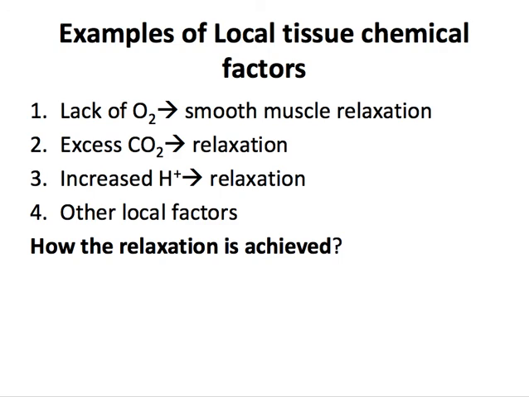Actually, these factors cause the hyperpolarization inside the muscle cells. And other local factors which affect smooth muscles are adenosine, lactic acid, increased potassium ions or diminished calcium ions, even increased body temperature and decreased blood pressure can also affect smooth muscles.